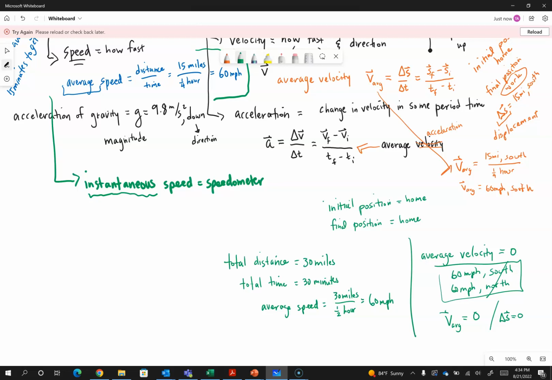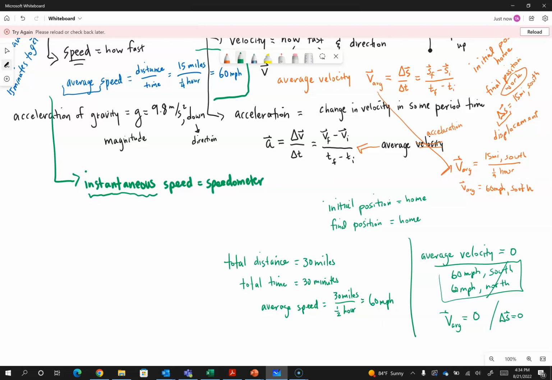Now, as we get into the next chapter, we're going to talk a lot more about instantaneous values, as I mentioned. And typically that's what we want to know more than just these average values. But I want to take a few minutes and talk about what we mean by acceleration and these directions when we talk about our vectors.